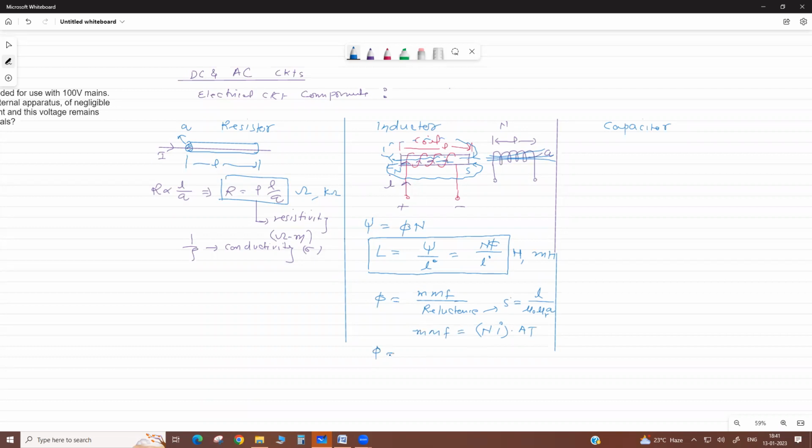Now if we put phi equals Ni divided by L by mu 0 mu r A, finally it becomes mu 0 mu r A Ni by L. This is the phi.